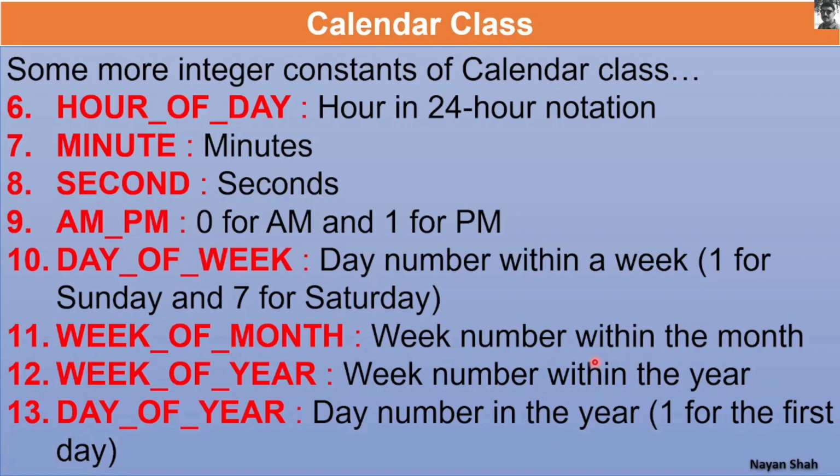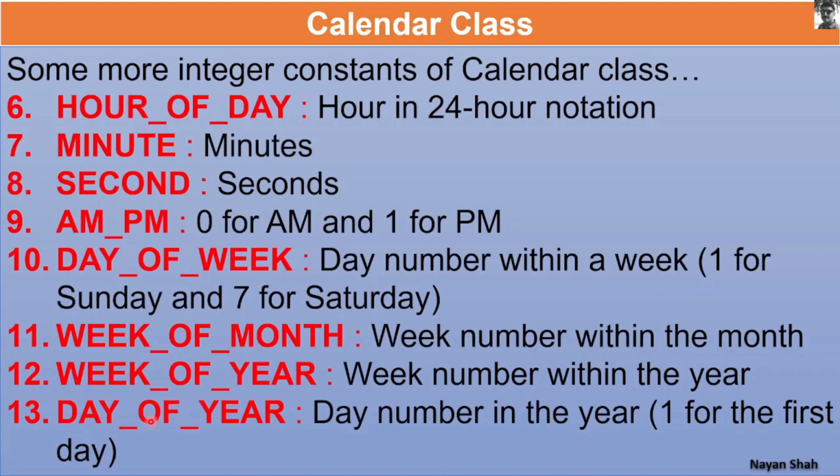If I say today's date is 2nd February 2022, then what will be the value of WEEK_OF_YEAR? Since there are 7 days a week and 31 days of January, 7 fours are 28, then 29, 30, 31 and 1st and 2nd. So it would be the 5th week of the year.